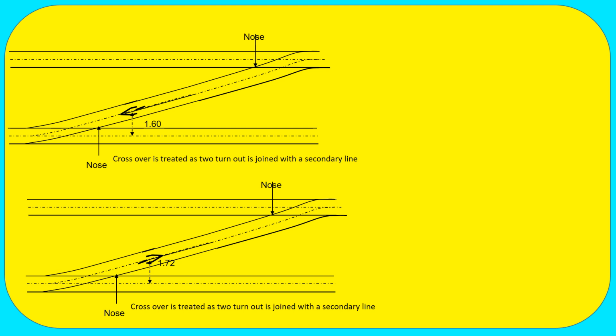Here electrical clearance must be given, because the runner and the down main line, the bottom main line, are in separate sections. One is connected with the top main line, another is connected with the bottom main line. So the section is separate, and you have to maintain the electrical clearance from the runner to the running pantograph. So it has increased. It is 1.72. It is the minimum. You can increase it.